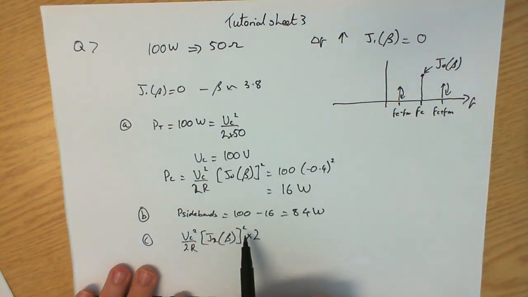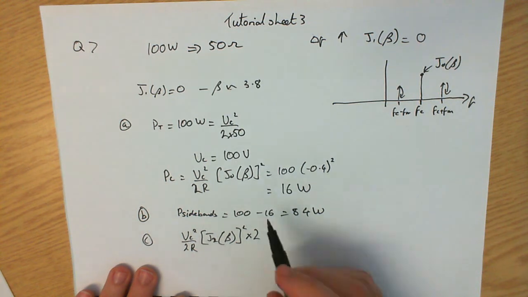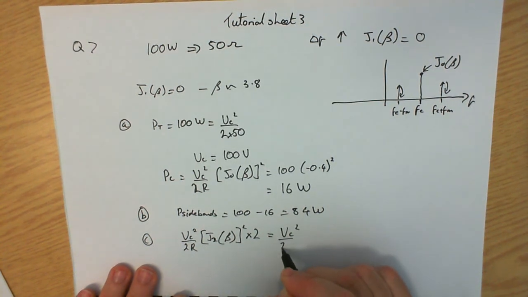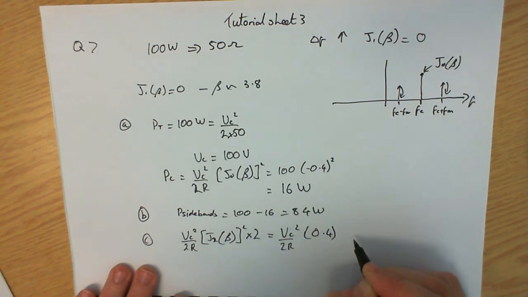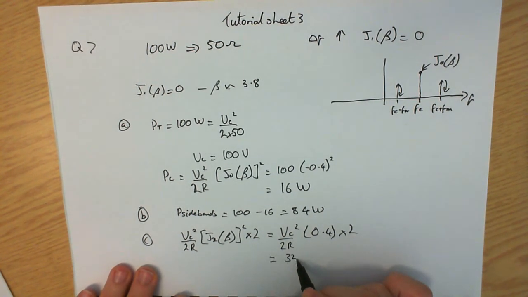This first expression works out the power in one sideband, and we double it for the 2 sidebands. If we work that out using the table, with Vc squared over 2R and J2 of beta again approximately 0.4, that gives us 32 watts.